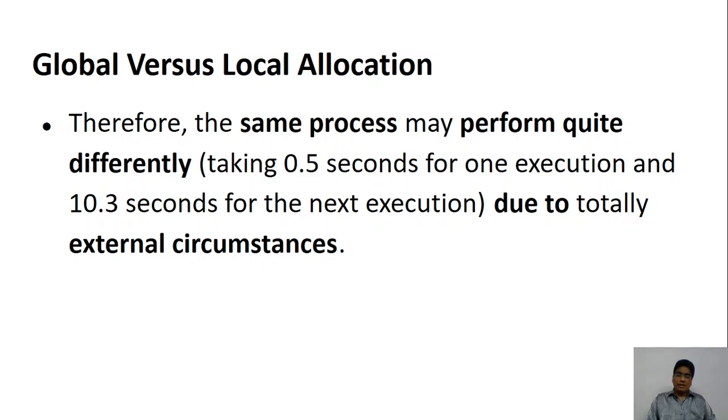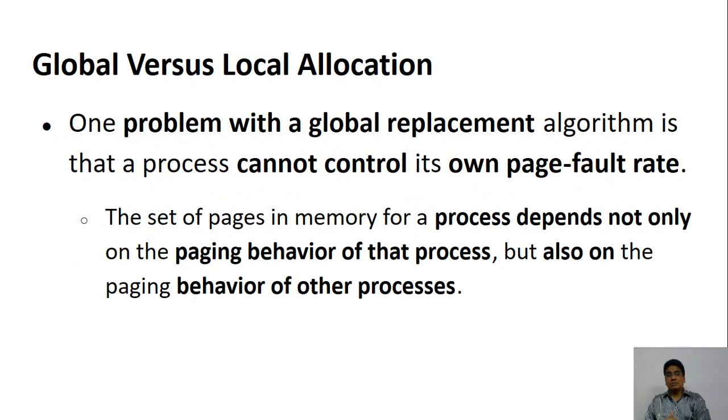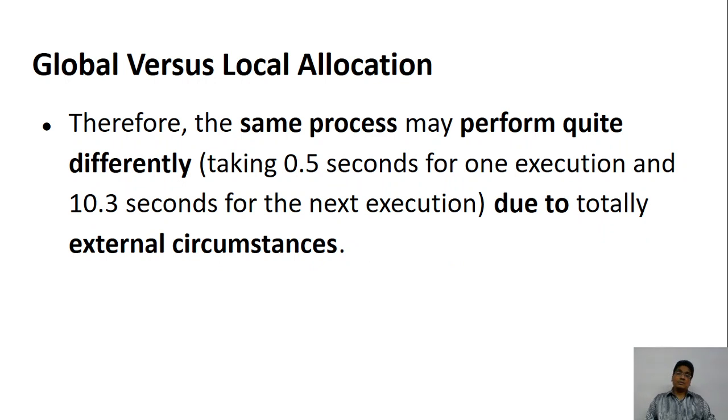When a process cannot control its own page faults, the performance of the program varies at different instances of time. For example, your program may take 5 minutes, just to give you an example, for completion today. Tomorrow it may take 1 hour.